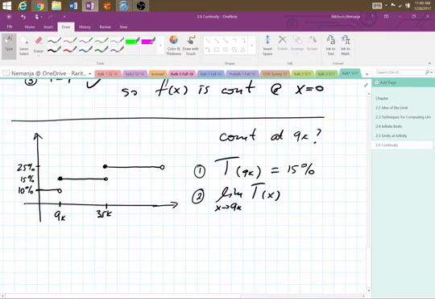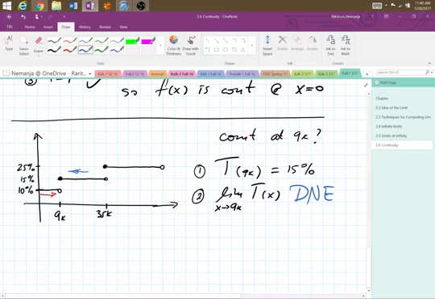Yes, from left and right. Romeo and Juliet, they don't end up at the same spot. Look, from the left, you're going to 10 on the y-axis, and from the right you end up at 15, right? They're not at the same location. So the limit does not exist, DNE.